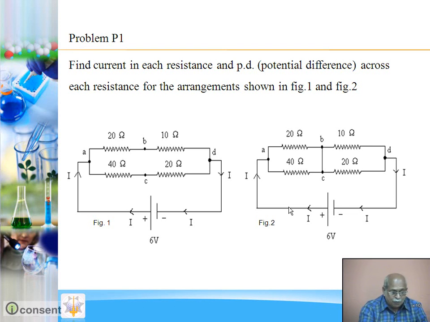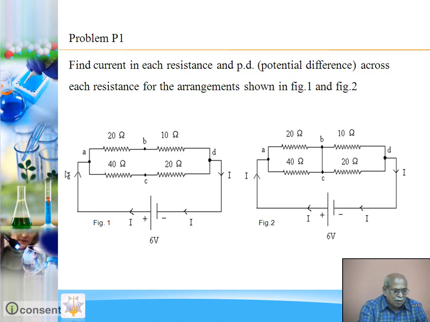Look at the two figures carefully. First consider figure 1. In figure 1, what do you see? Resistances 20 and 10 are in series. So equivalent resistance from A to D will be 20 plus 10, 30.